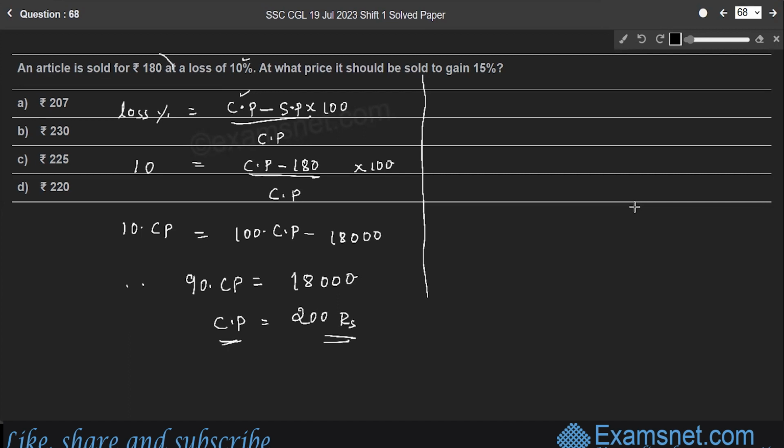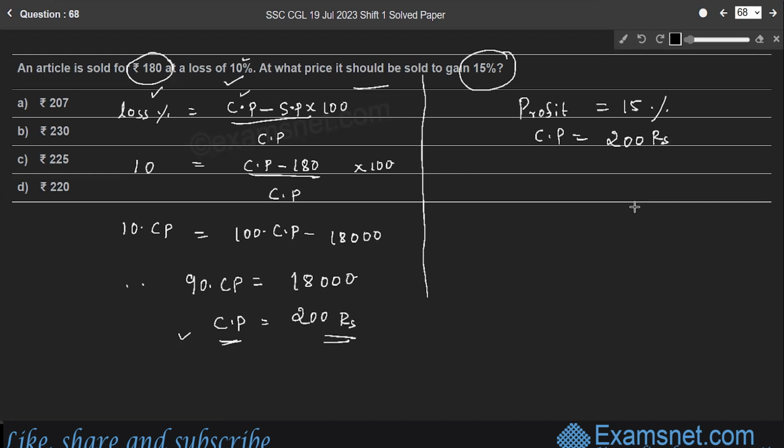And it was sold for 180 rupees. Therefore, there is a loss of 10%, since cost price is greater than selling price here, right? So in the second case, there was a profit. Here gain or profit is 15%. And here the cost price, which is constant, is 200 rupees.